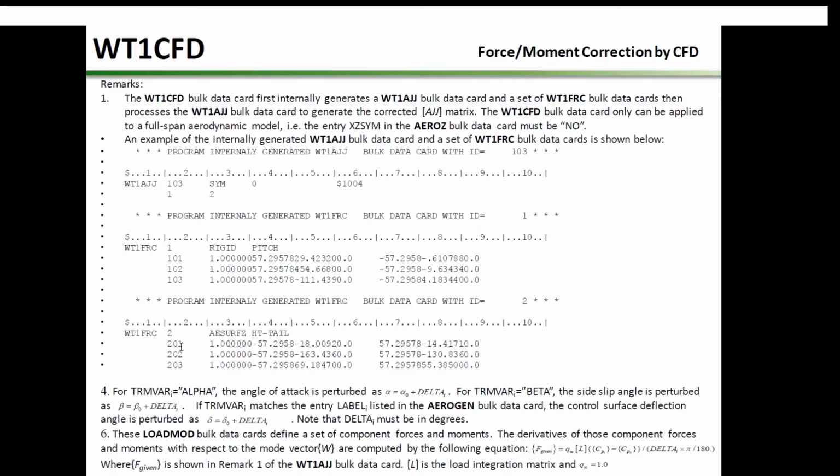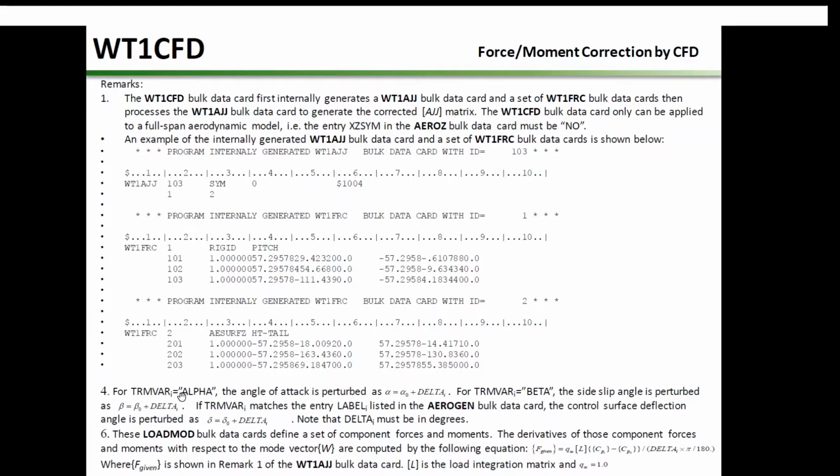So this probably is horizontal tail bending moment and shear and torque and so on. So ZONAIR can process this internally generated WT1 AJJ card.